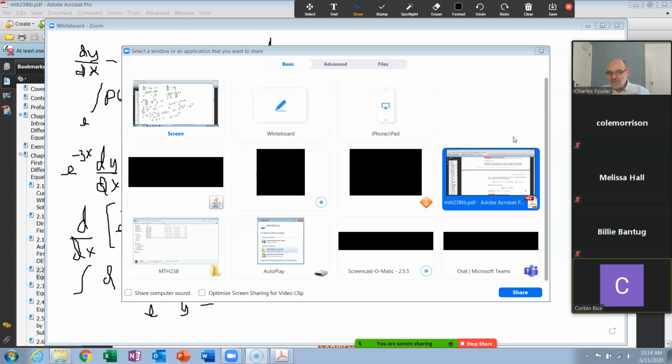You have several options. If you have some way to scan it, and once you've scanned it get it in PDF format, you can attach it to an email and send it to me that way, or attach it to a Blackboard message.